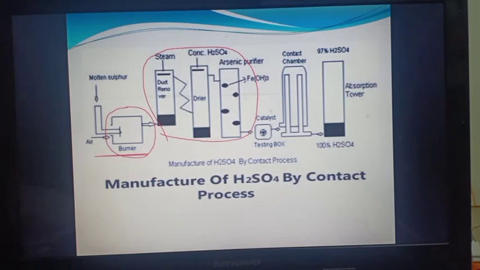In the first chamber we remove the dust. Basically the heavy dust particles get removed in this chamber. Then the zigzag ones are the cooling pipes.